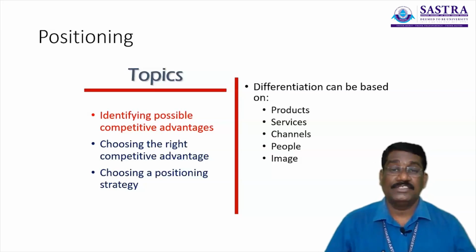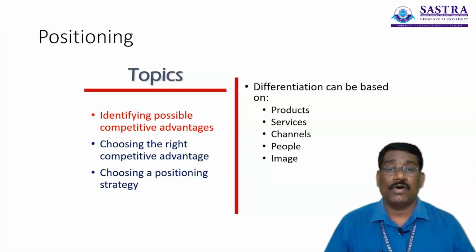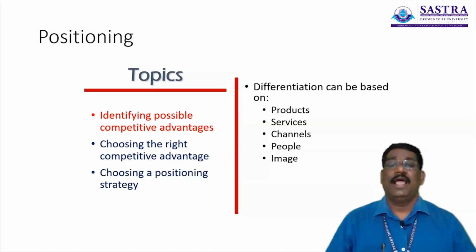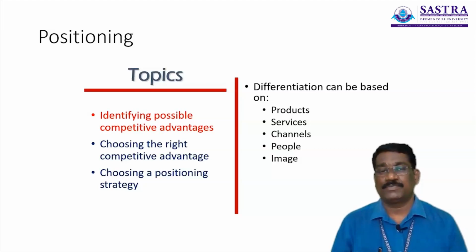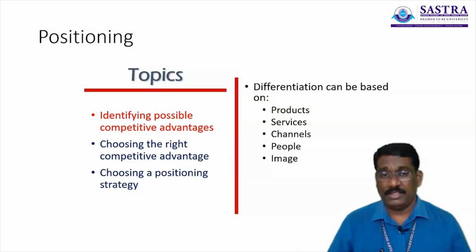When you talk about channels, I mean the distribution network, you can talk about online channels like Amazon and Flipkart. They are choosing a specific channel called the online channel, and they collaborate with many logistics service providers like e-Kart, and they try to differentiate themselves from competitors who are physically trying to reach the customers.